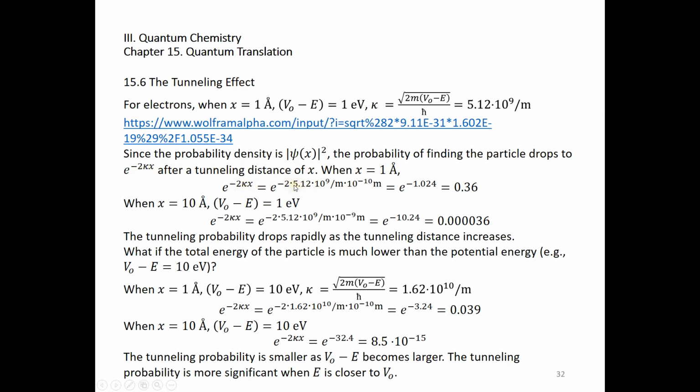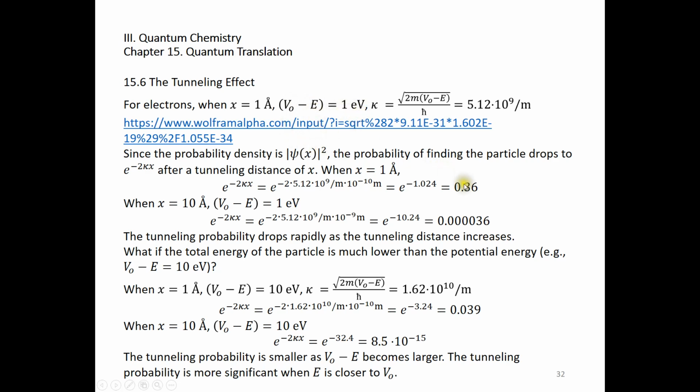Kappa is 5 billion per meter. X, the distance of tunneling, is 1 angstrom. We plug in all the numbers, and we get e to the power of negative 1. That's 0.36.